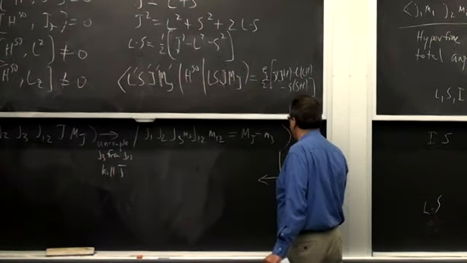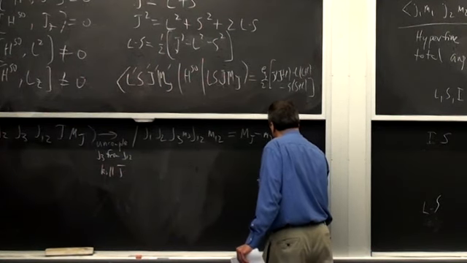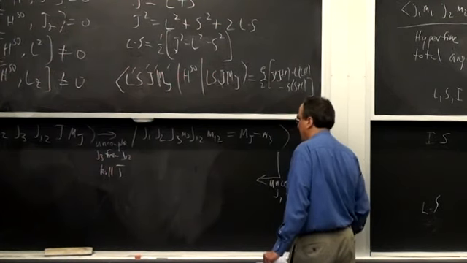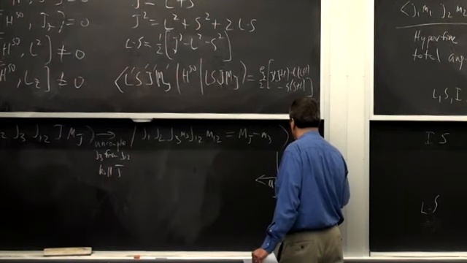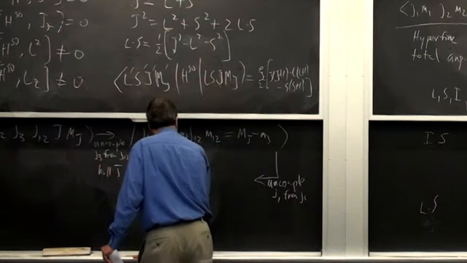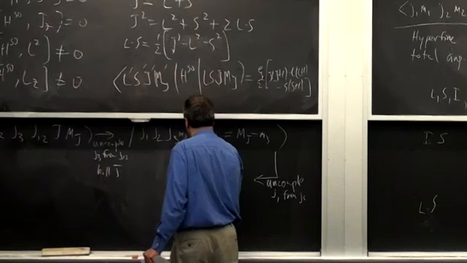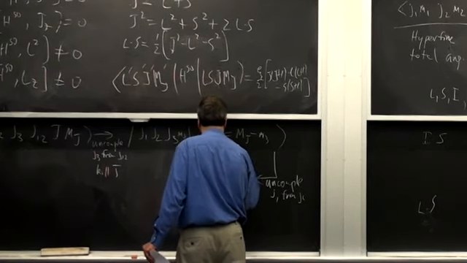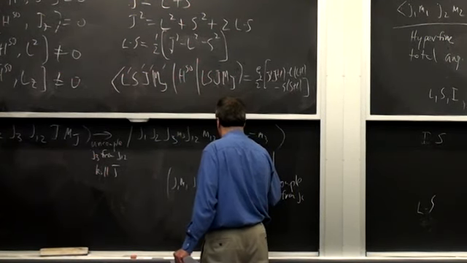And so we uncouple J1 from J12, or uncouple J1 from J2. And so now we have J1, M1, J2, M2, J3, M3.